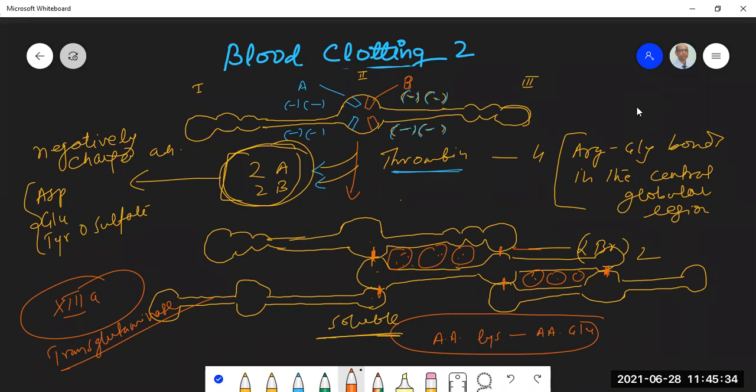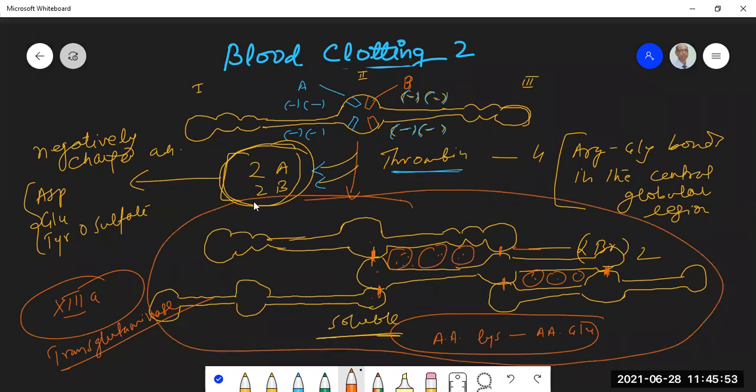And cell debris and cells will sit in between the space, forming an almost impermeable clot at the mouth of the wound. So this is how blood clotting, formation of clot at the wound site, takes place.